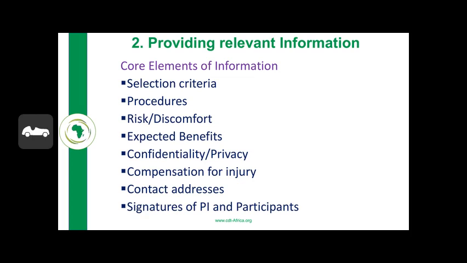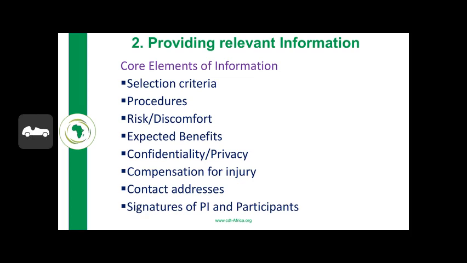Such procedures could include the duration of participation, the type and the amount of tissues to be taken from him or her, the standard of care which the participant could get while the trial is being conducted.